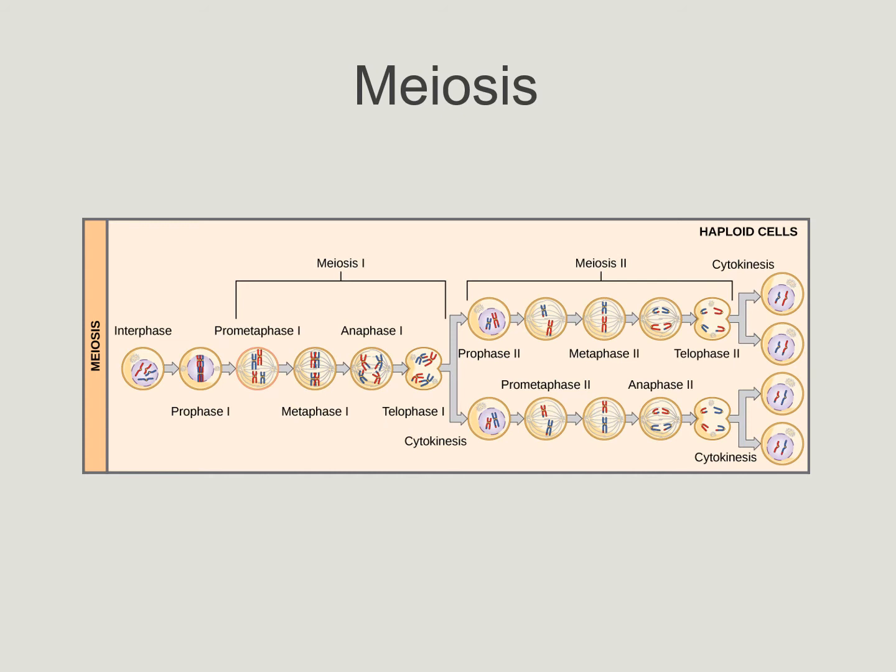Now, when one haploid cell is fertilized by a sperm, the resulting offspring is a combination of both parents' genetic contribution and is a diploid organism once again, like the parents were.